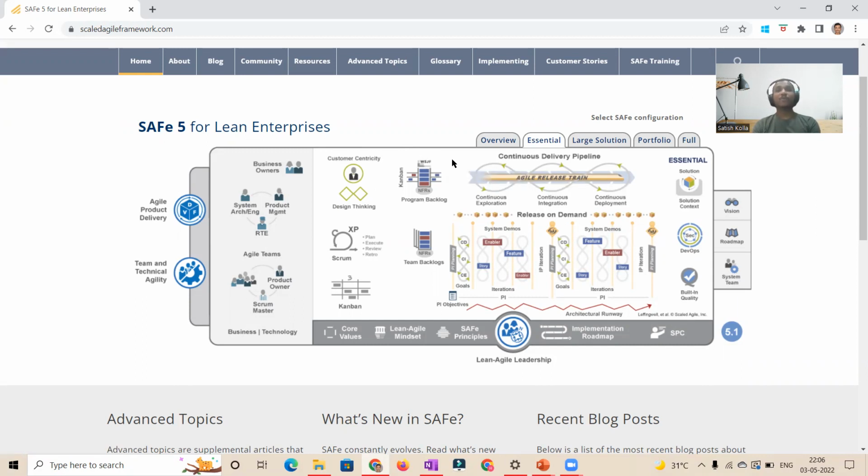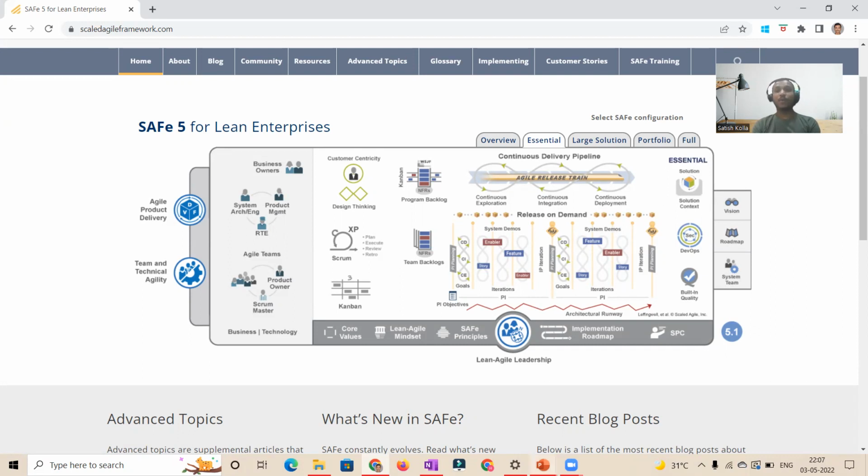Once the teams go through it, they start working on the continuous delivery pipeline using exploration, integration, deployment, and they release to production using release on demand. Throughout this agile release train, the whole intention is to focus on delivering one single solution, taking the solution context as a baseline. So this is all about the essential configuration which we discussed in our earlier video as well.